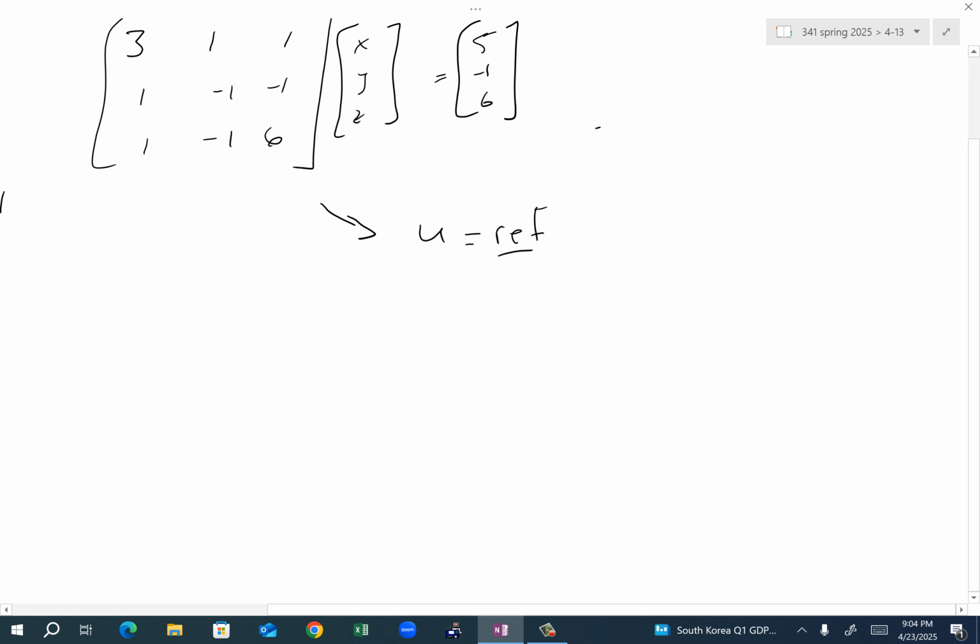For instance, if you ended up with 3, 1, 1 on the top row, that's totally fine. If the next row down is 0, 1, 5 or something, and the next row down is 0, 0, 2 or something, I could then go through and divide any of them by any constant that I want, and it's still row echelon form.